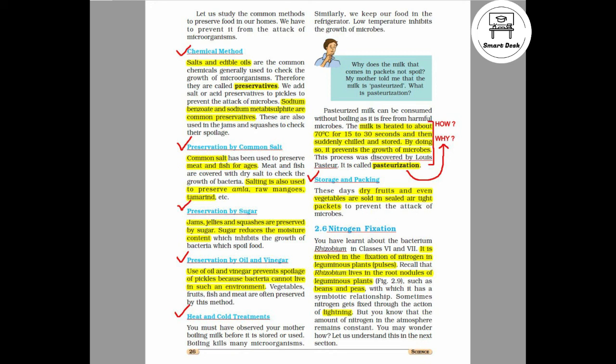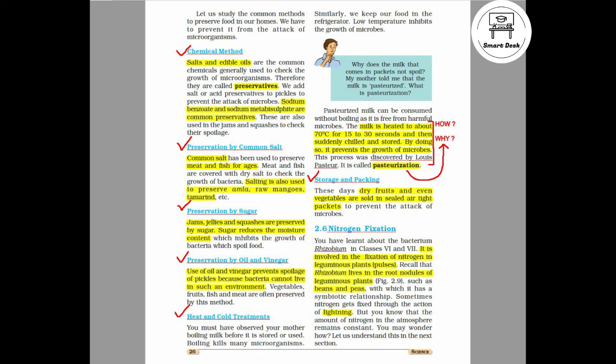For milk, it is heated to about 70 degrees Celsius for 15 to 30 seconds and then suddenly chilled and stored. By doing this, we prevent the growth of microbes. First we heat the milk, and after heating, we chill it to make the milk free of microbes. This process is called pasteurization.